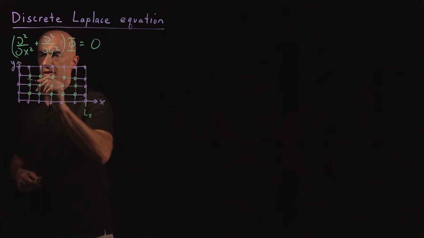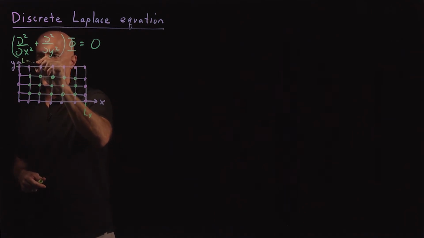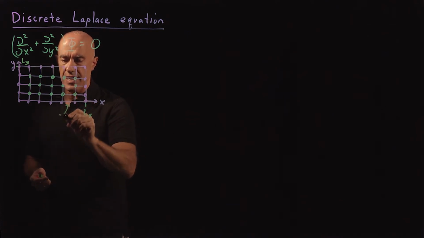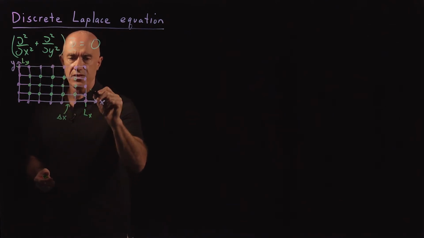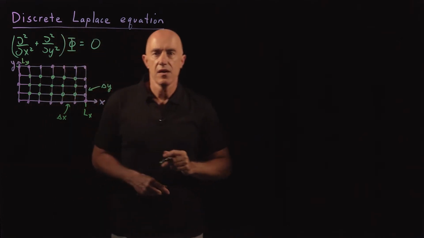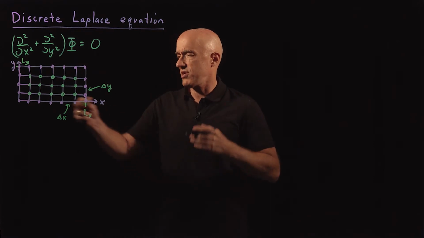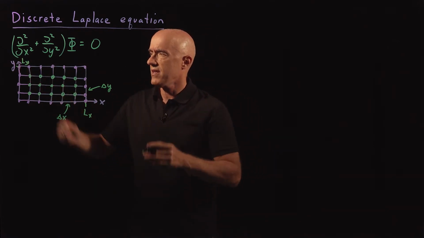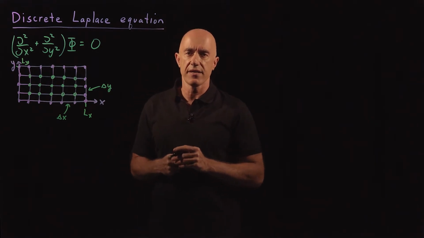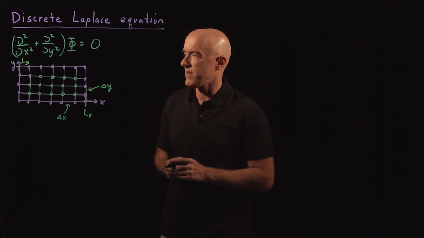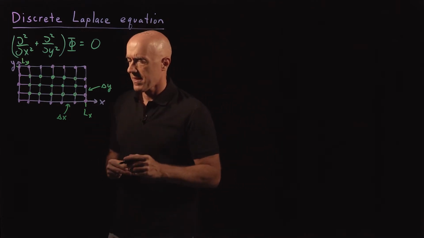This one could be some Ly value. And then we have some grid spacing. This could be, say, delta x. This could be, say, delta y. Okay? We're going to do a simplification. We're going to have delta x equal to delta y. We're going to have Lx equals Ly equals 1. But we can construct some sort of general problem in the beginning.